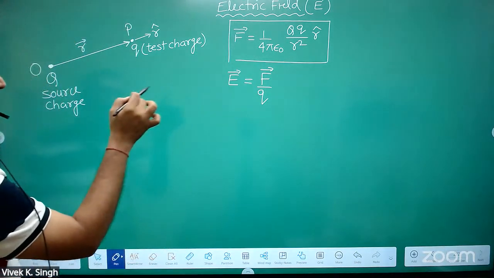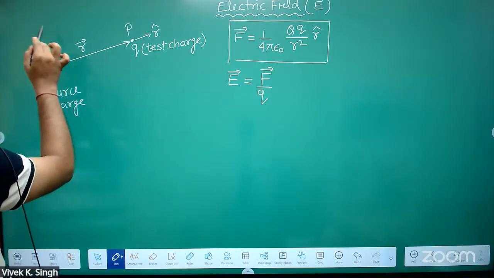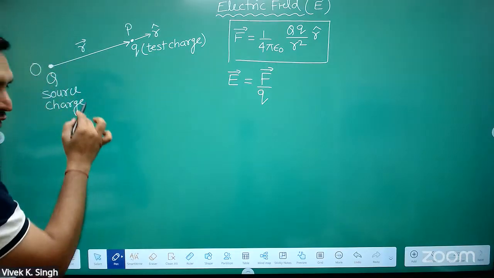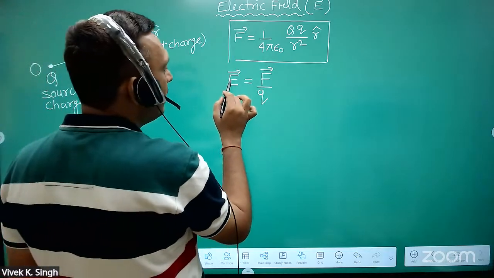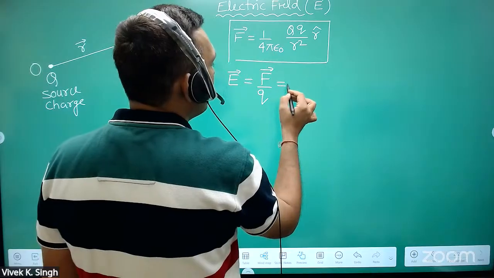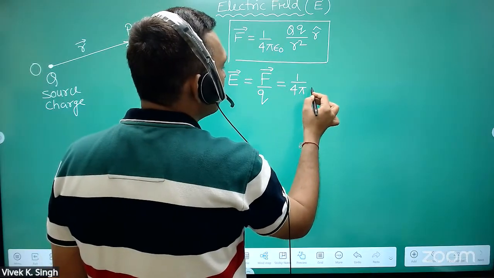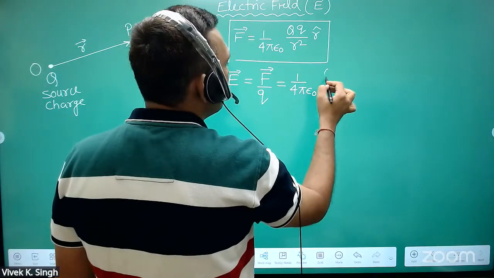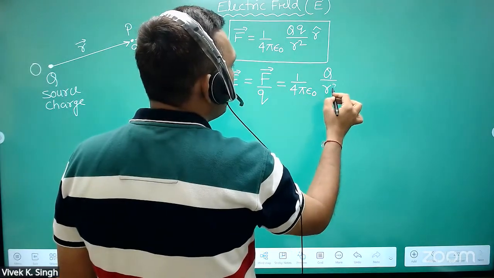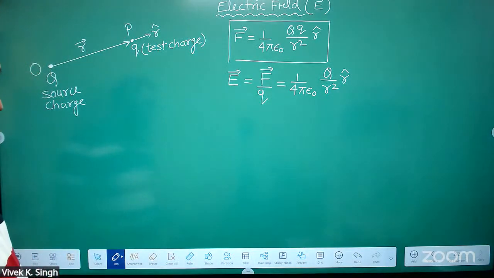So this electric field doesn't depend on this charge. Even if this charge is not there, there is a field associated with charge Q. And that electric field is force per unit test charge. और इसकी वैल्यू होगी 1/4πε0 Q by R square R cap. ठीक है?